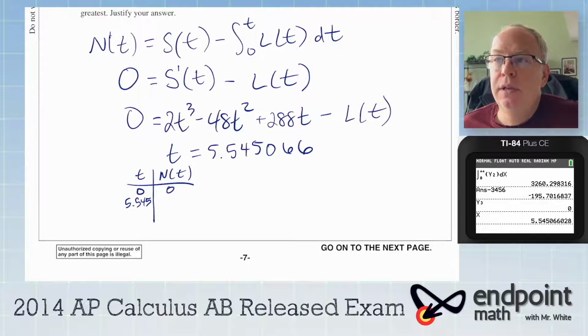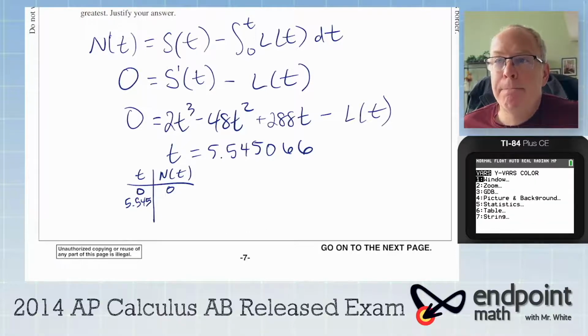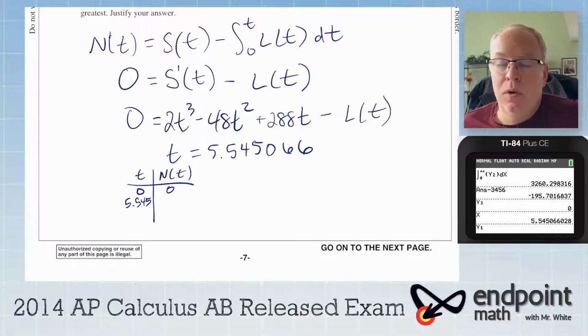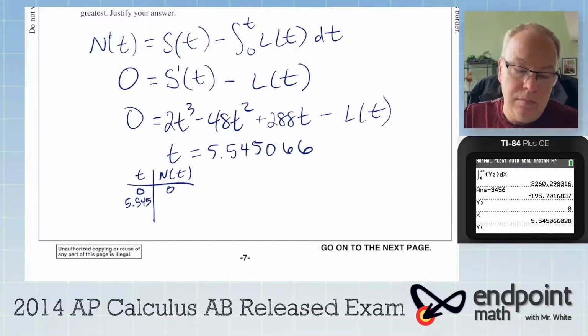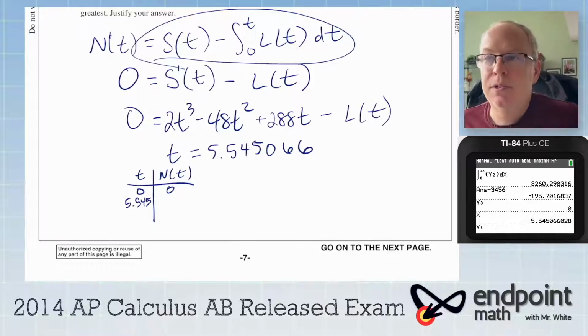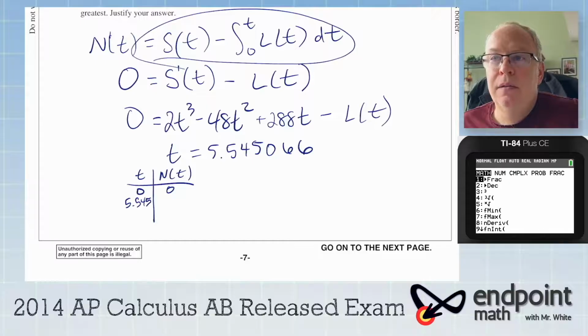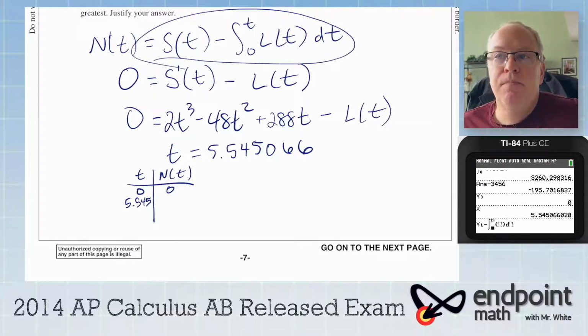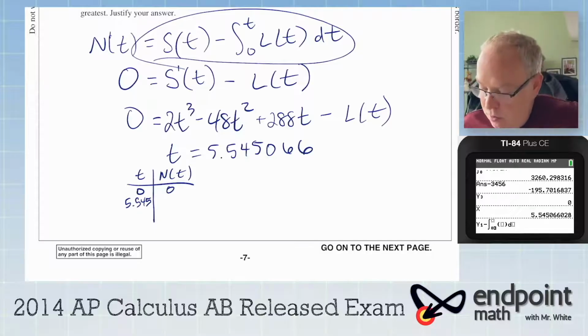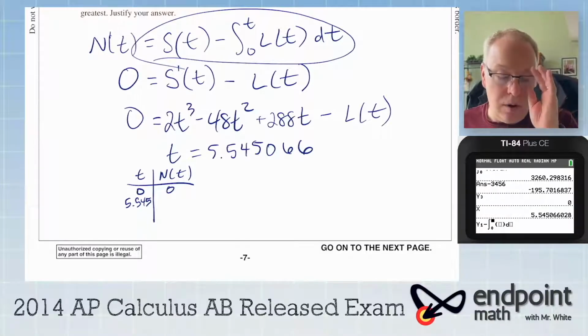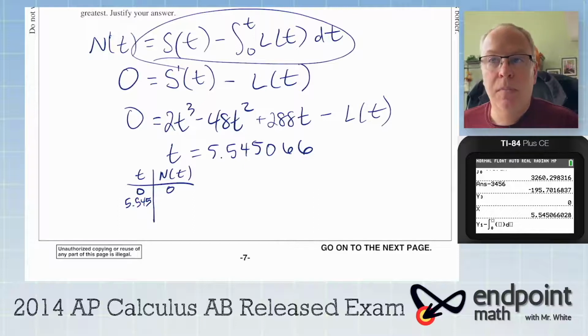So we'll go into the y variables. We're going to take our original function, number 1, and I'm doing this right up here. I'm going to subtract, and let's see, I have to do math. Finite integration from 0 to x. We do 0 to x.